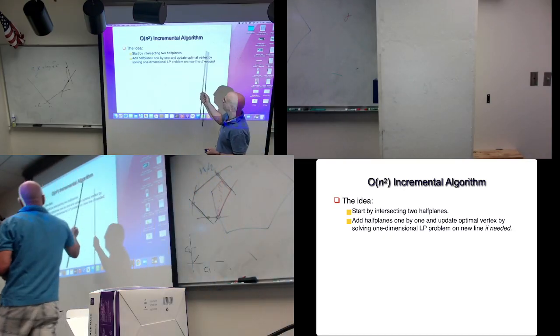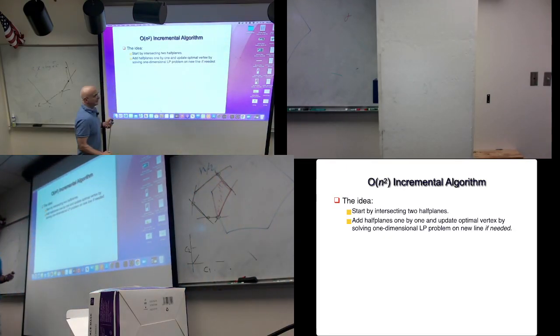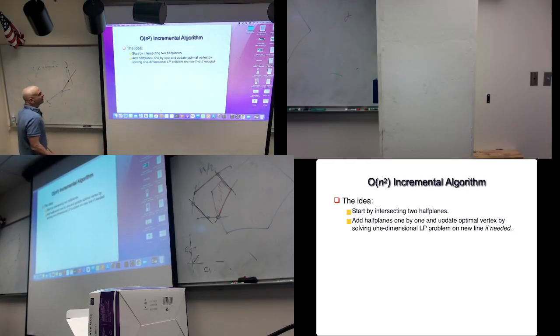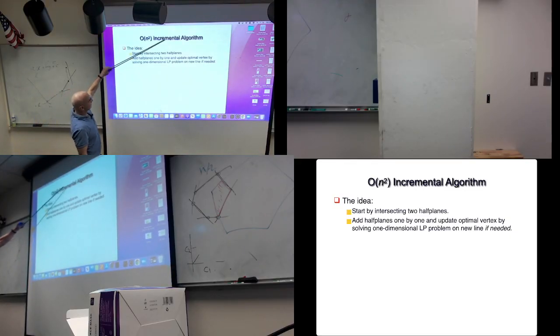Here is an order n squared incremental algorithm for solving the LP. I'll insert the half-planes one after the other, and every time that I add a half-plane, I'll check what was the previous optimal solution that I had before adding this one new half-plane, and whether the optimal solution agrees with the new half-plane.